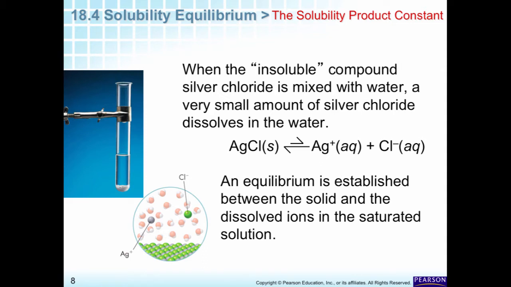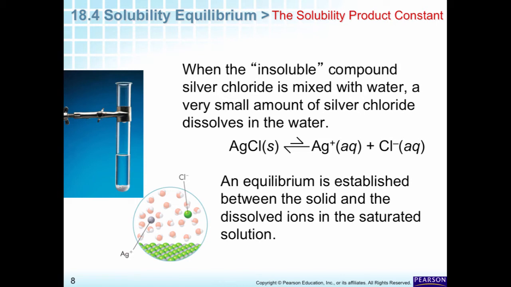An equilibrium is established between the solid and the ions that have dissolved. There'll be a lot more of the reactant, the silver chloride, than there will be of the silver and chloride.